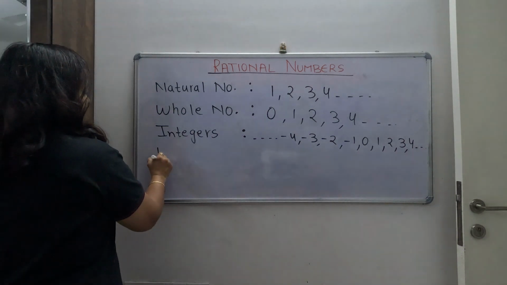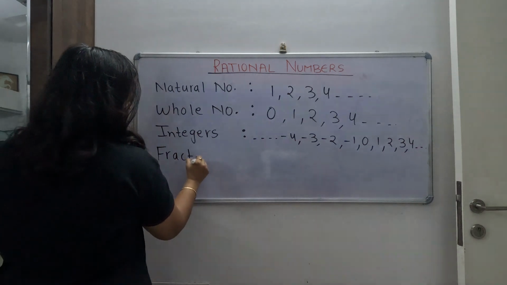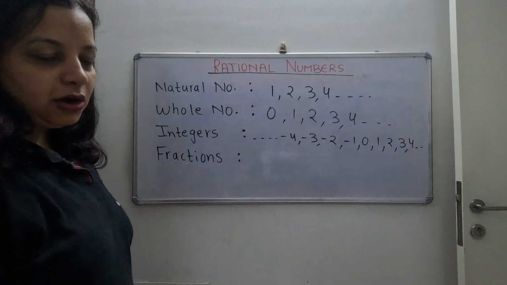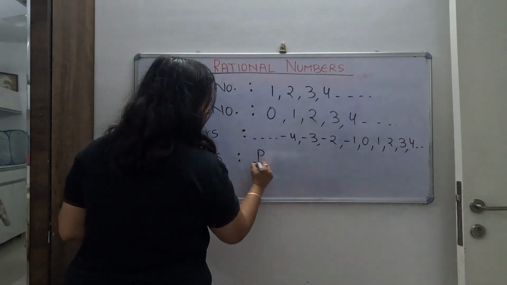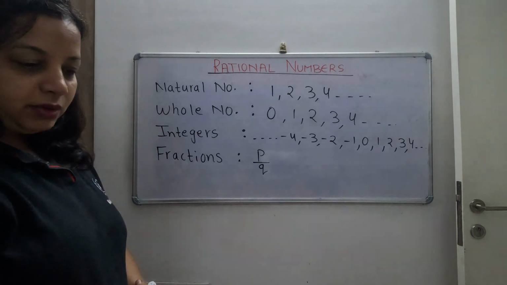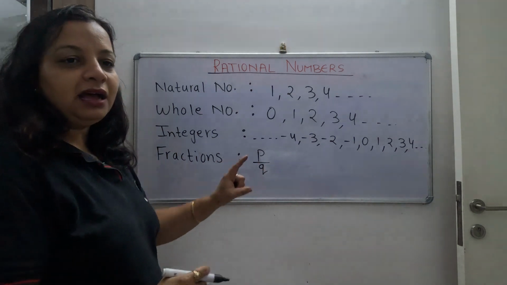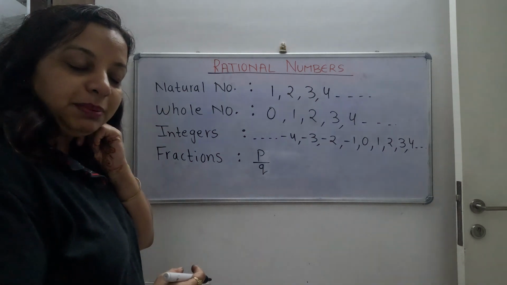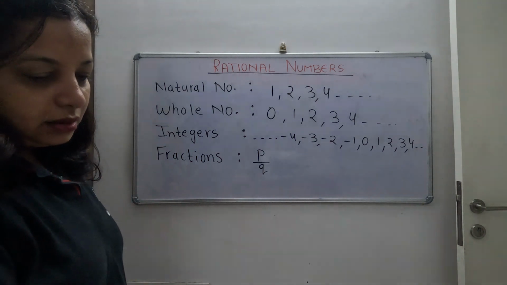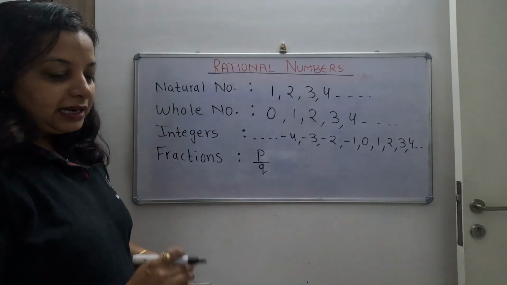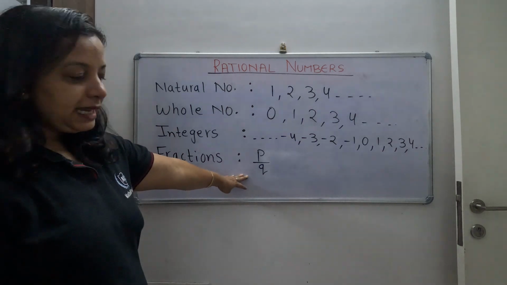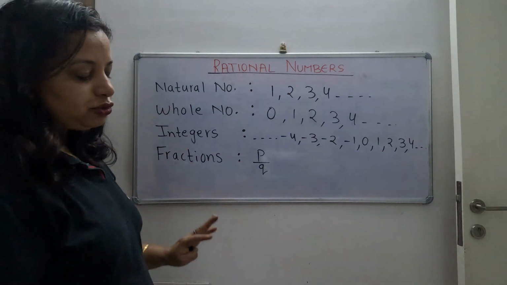After this, we learn the fractions. Fractions are numbers of the form p by q, where p and q are natural numbers.